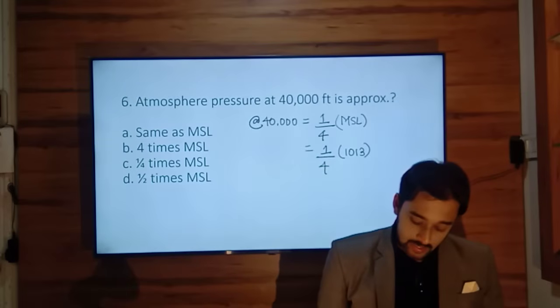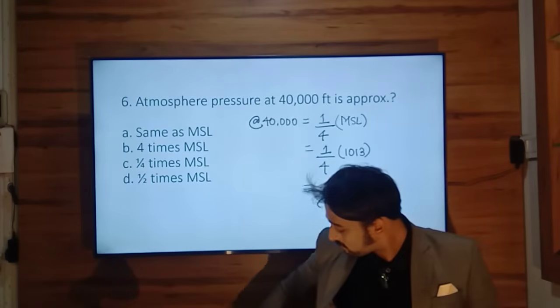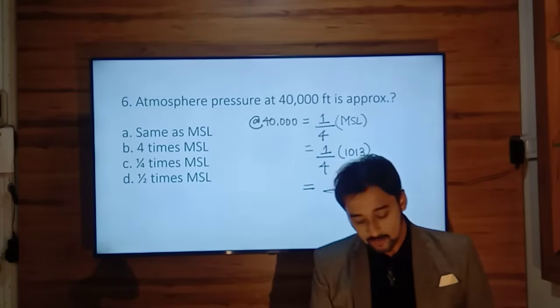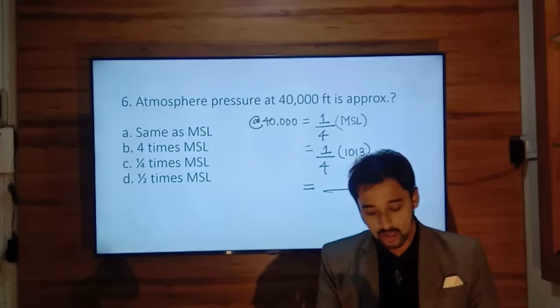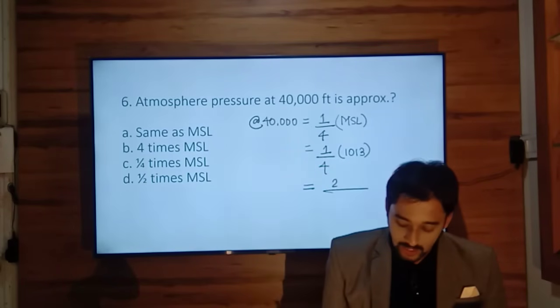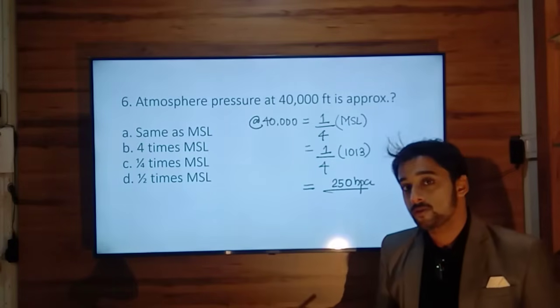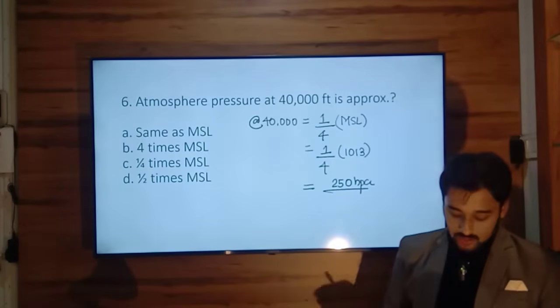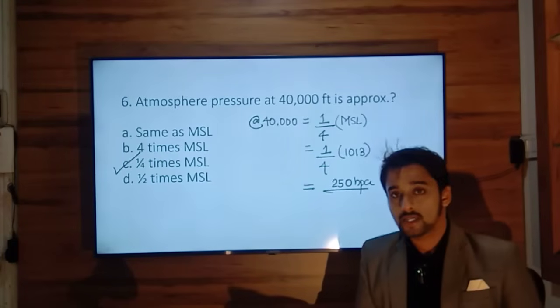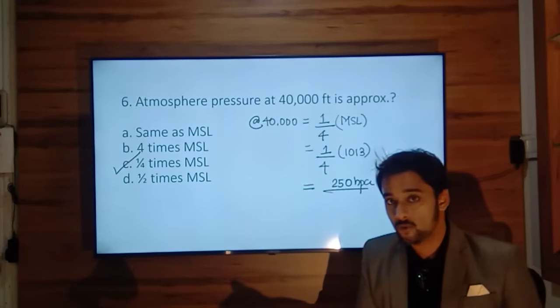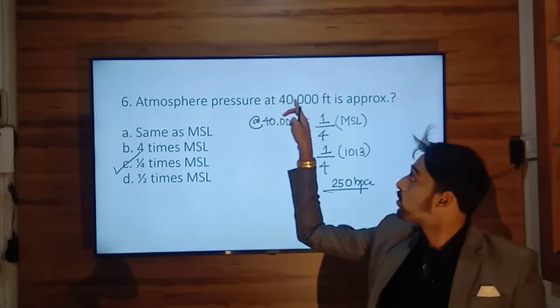If you divide that, you will get approximately 250 hectopascals. So our correct answer will be option C. For 40,000 feet, it is 1/4. Remember the value 4 and 4.